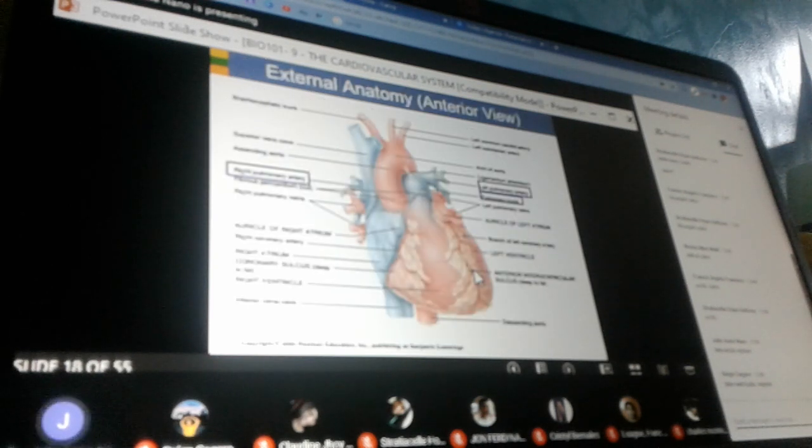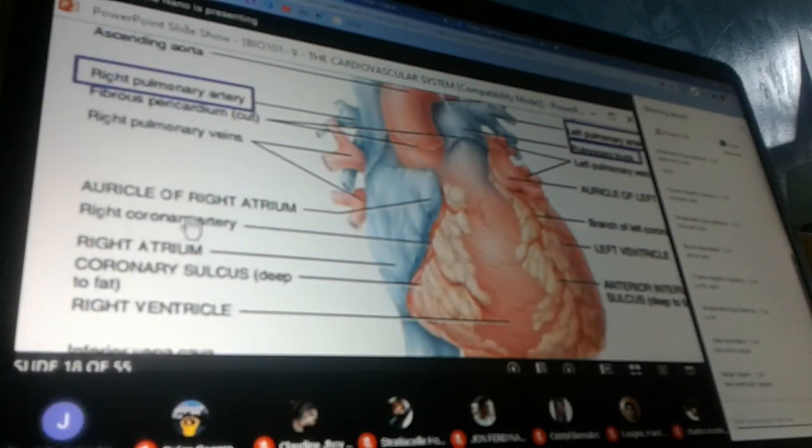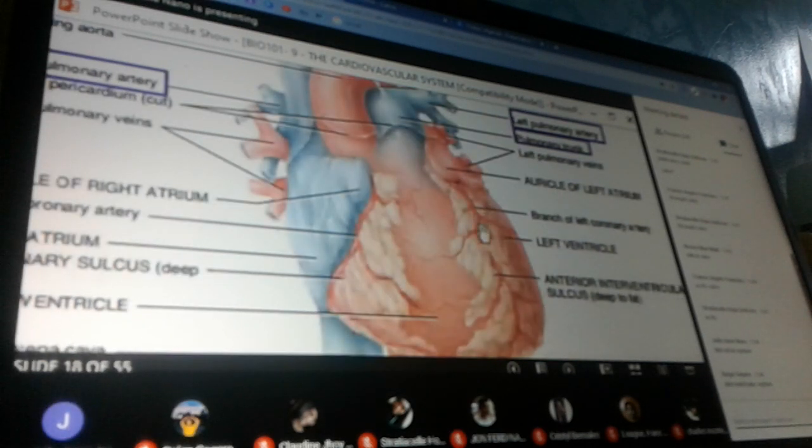Okay? So, ito, yung ating coronary arteries, yan, yung malalaking blood vessels na yan, class. Sila yung nagsusupply ng nourishment sa ating cardiac muscle. Yan, yung striated na yan. Yan, cardiac muscle.